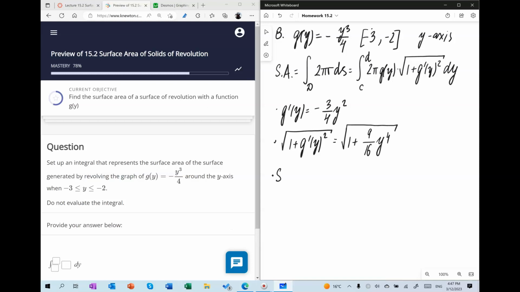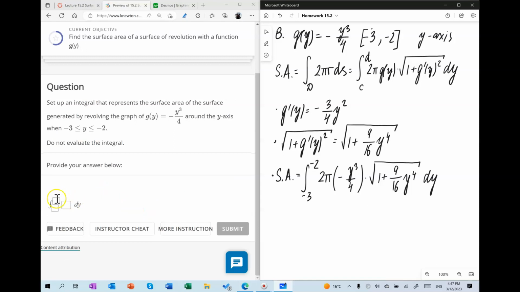And now the integral for the surface area will be the integral from -3 to -2, 2 pi g of y times the radical dy. And this is what I'm going to be typing here as my answer.